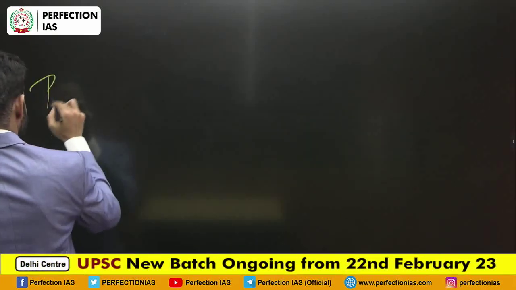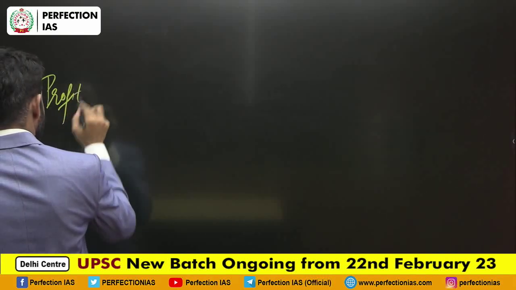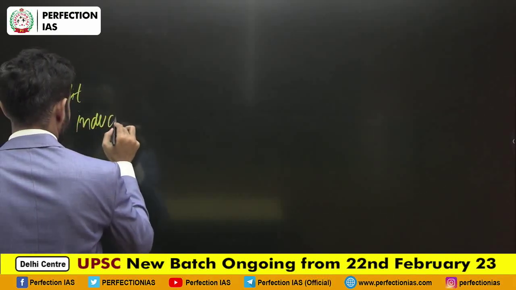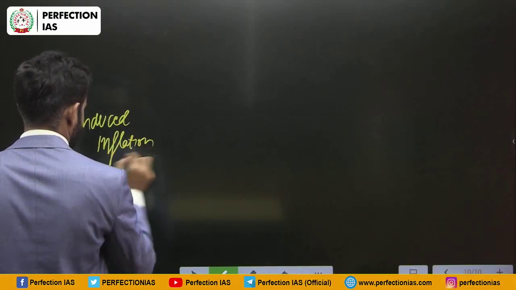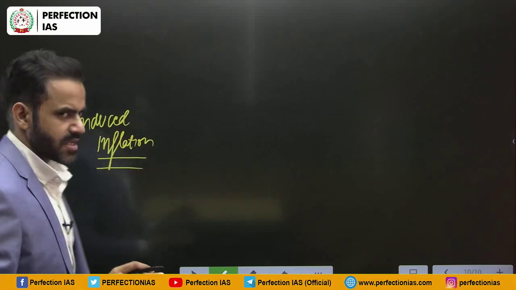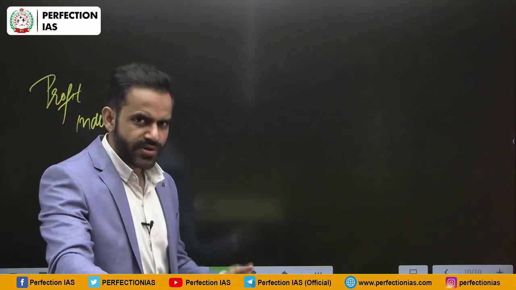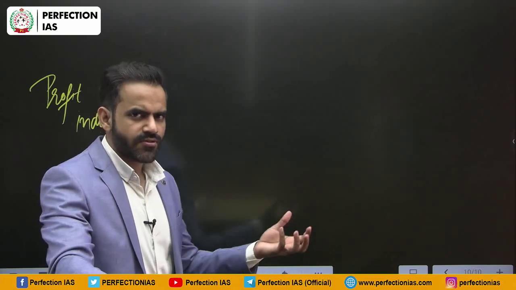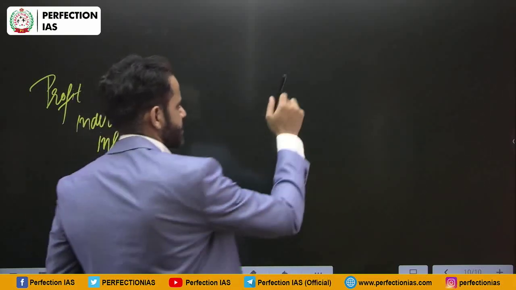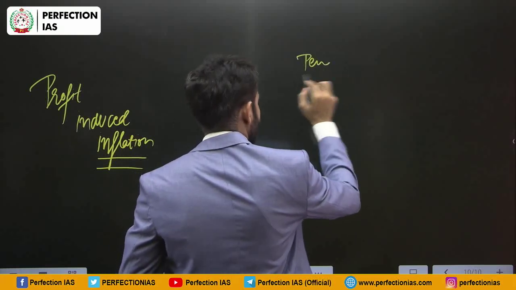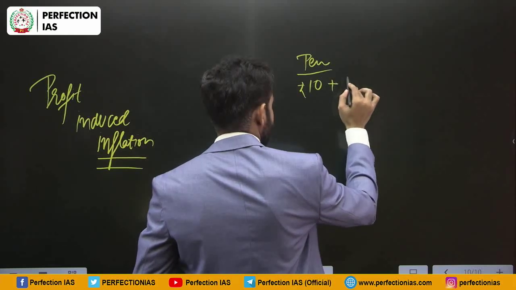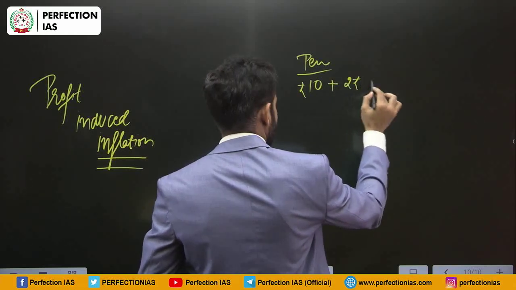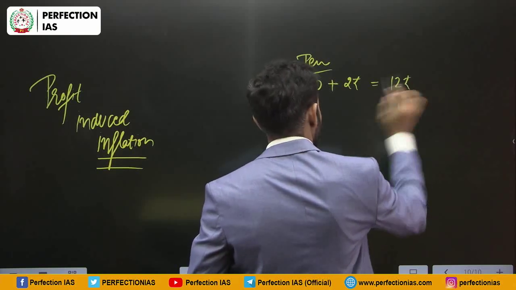Next type is profit induced inflation. In simplest terms, it means the companies want to increase their profit, therefore they have increased the cost of their product. Suppose, let's consider this pen again. Previously, the cost of production of this pen was 10 rupees, profit was say 2 rupees, and the price was 12 rupees.